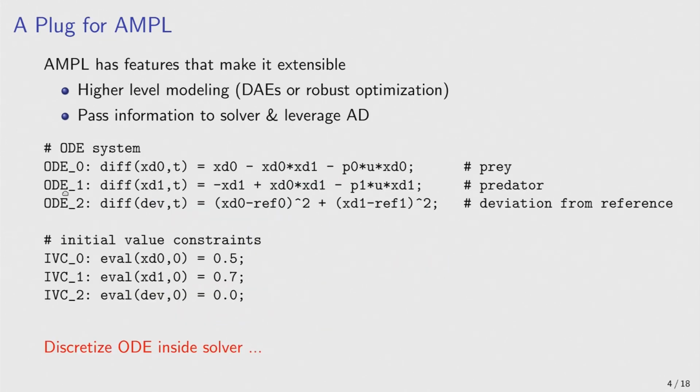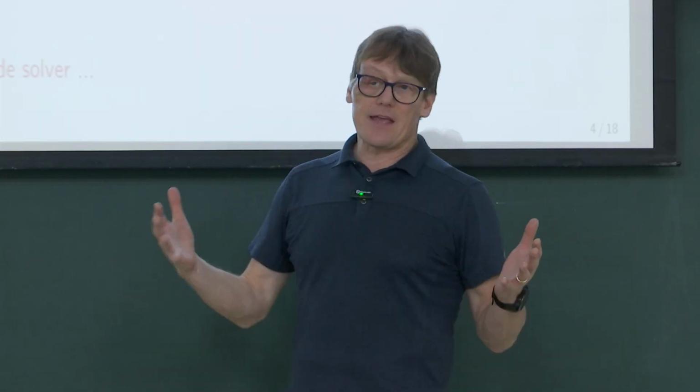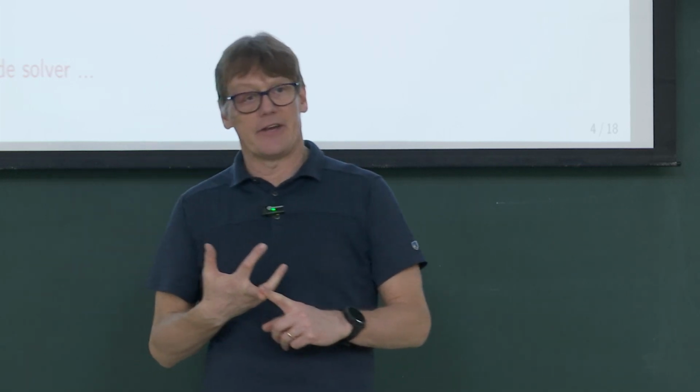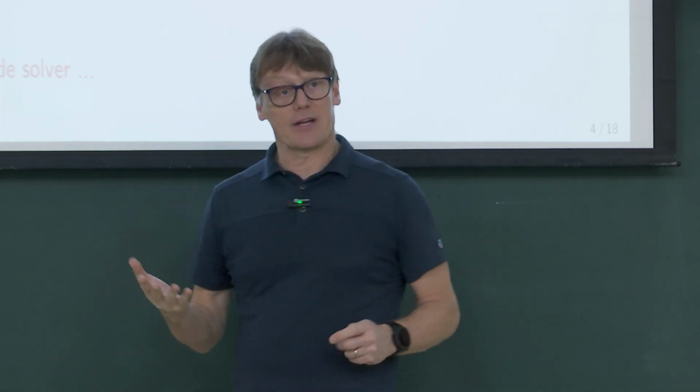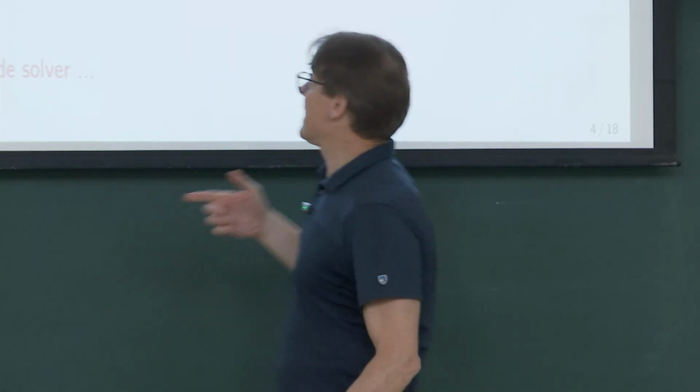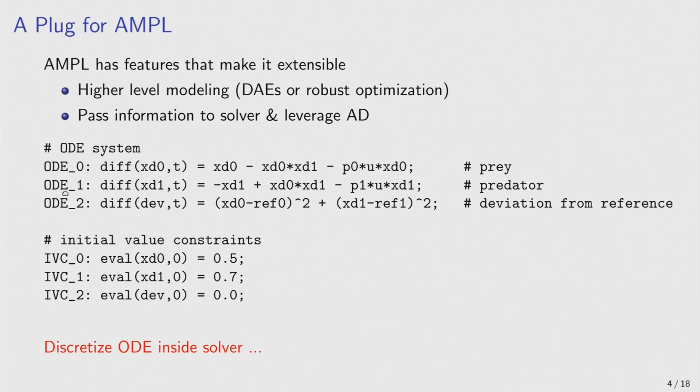One of the features that I like in AMPL is that it allows you to expand the class of problems that you can solve. So you can think of AMPL as able to solve mixed integer nonlinear optimization problems. It has complementarity constraints. But what it doesn't have, for example, is robust optimization or differential algebraic equations. But we built an extension to AMPL where we added operators like diff. This diff operator just does d of this variable by dt.